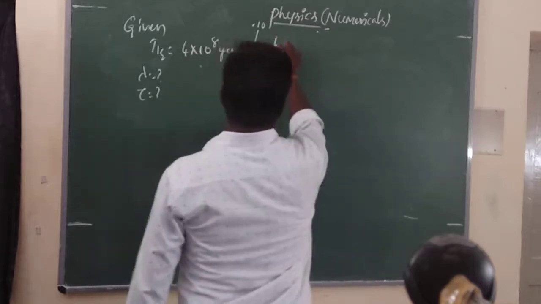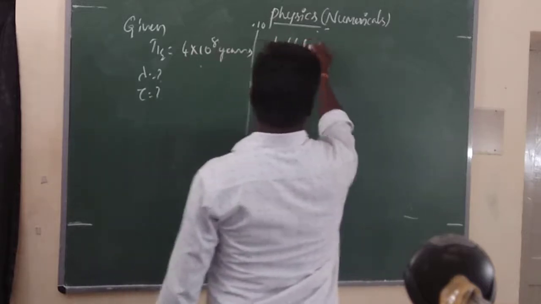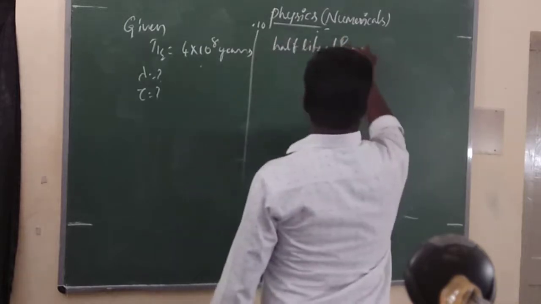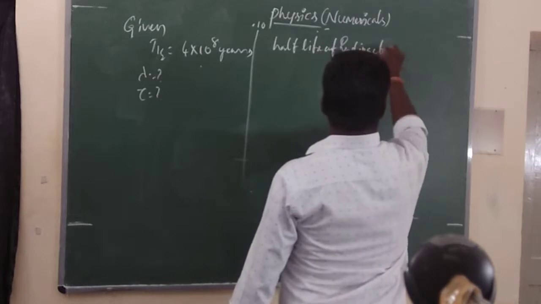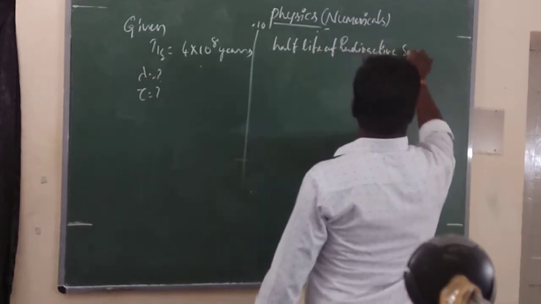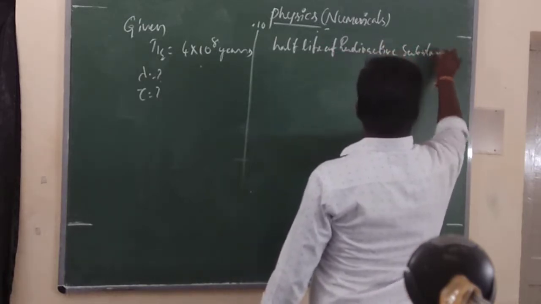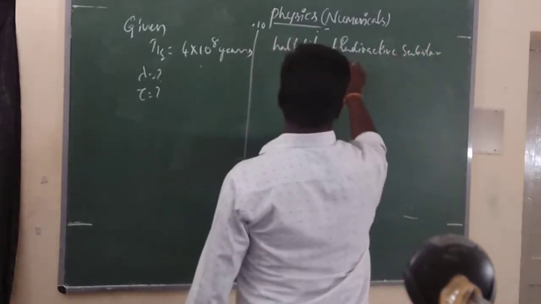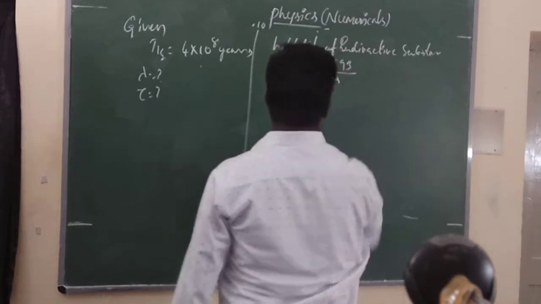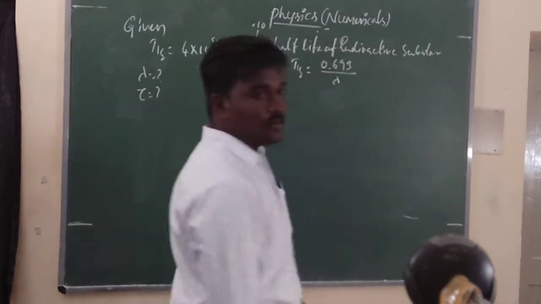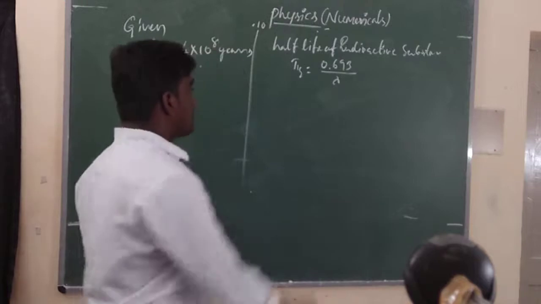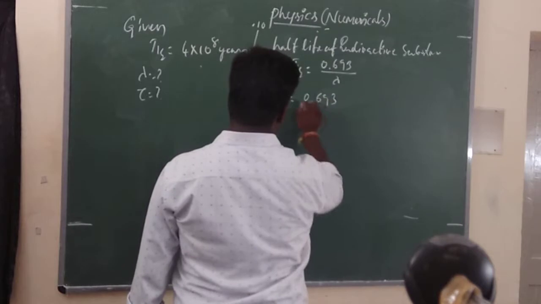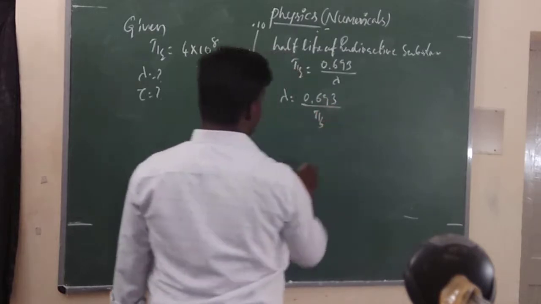So you know the half life of a radioactive substance or isotope: T half equals 0.693 divided by lambda. So now we have to find the decay constant, where lambda is equal to 0.693 divided by T half.